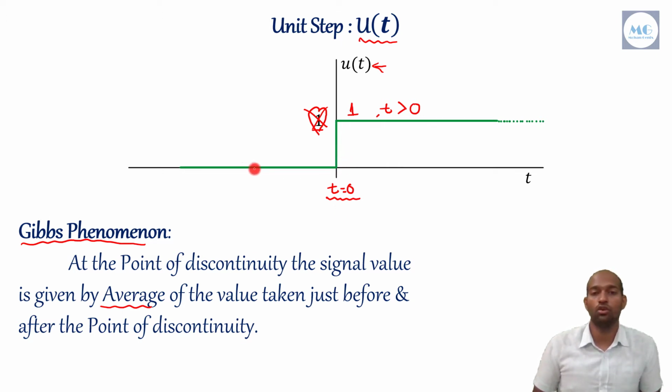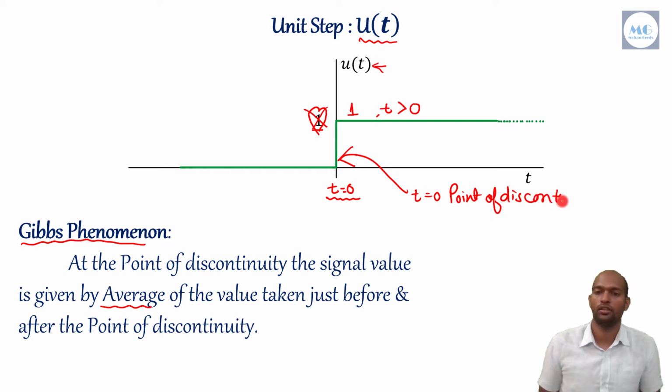As the signal is constant for t less than 0 and for t greater than 0, this function is discontinuous at t equal to 0. So t equal to 0 is the point of discontinuity. Okay, so this is the discontinuous point.